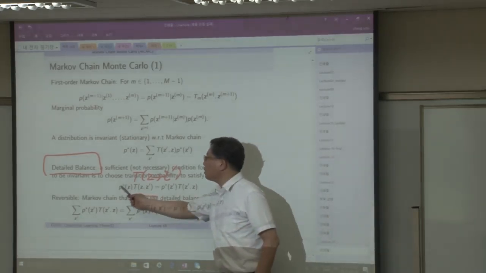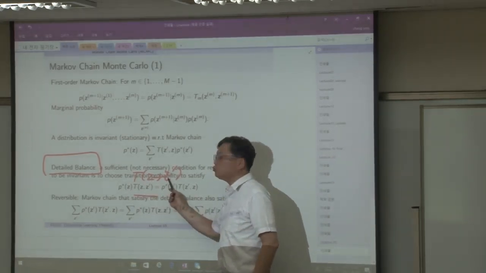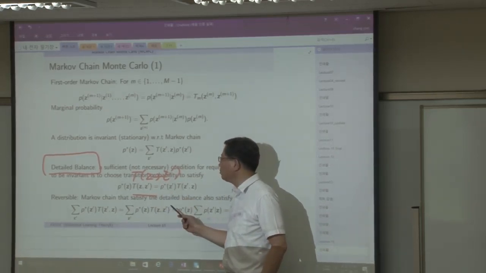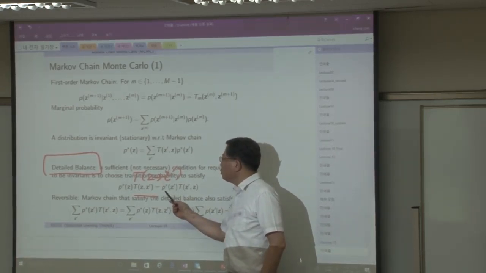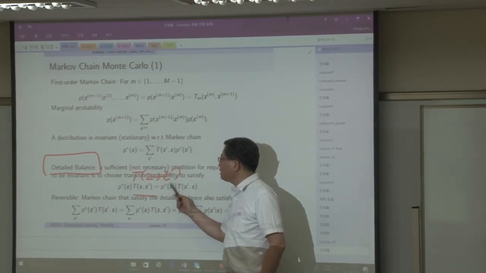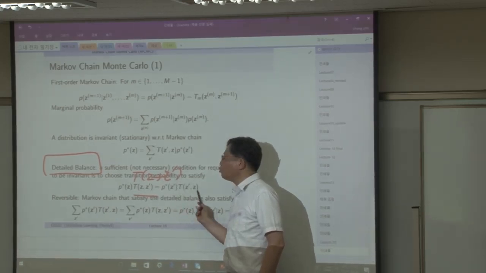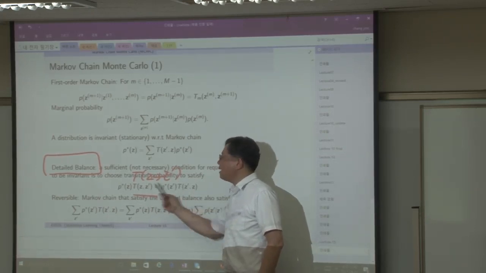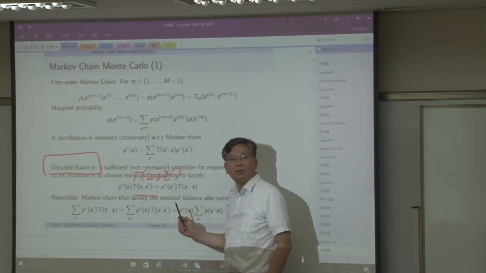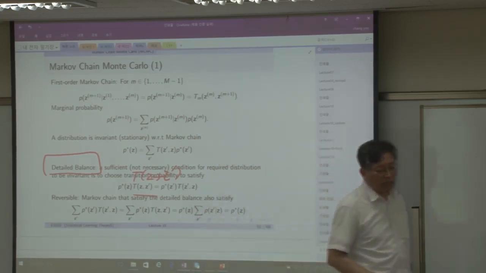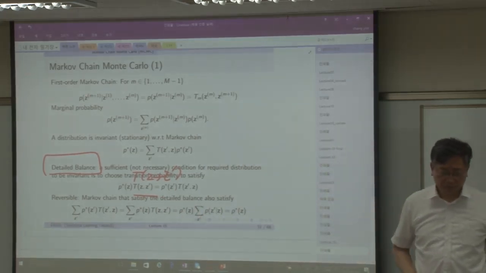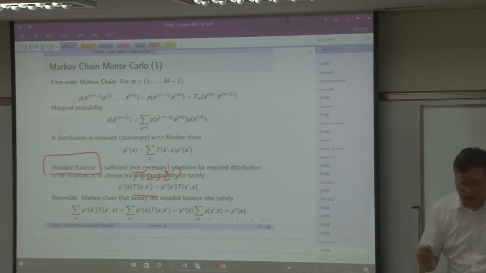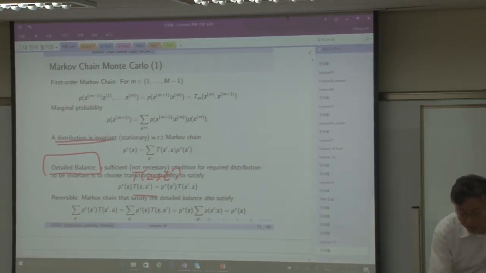You start with some probability at z, and then you transition to z prime. That is equal to: you start with some probability at z prime, and you transition to z. If that is equal, then you can satisfy this. So the distribution will be invariant.